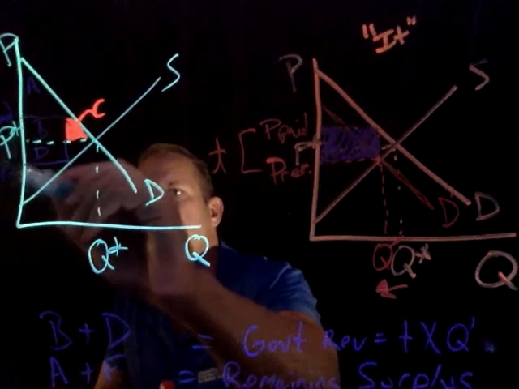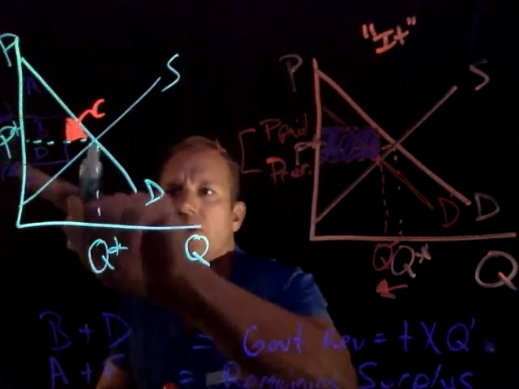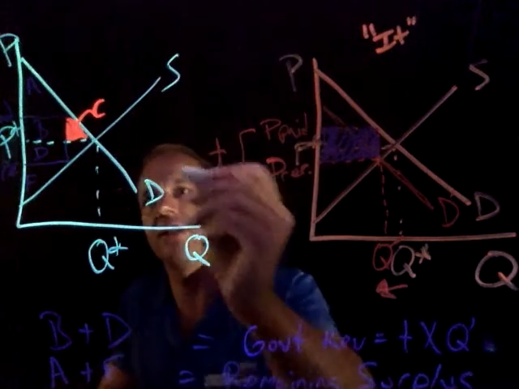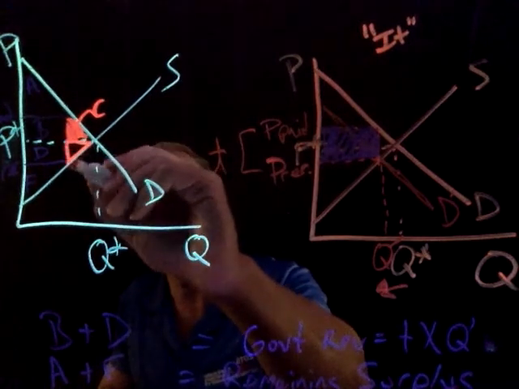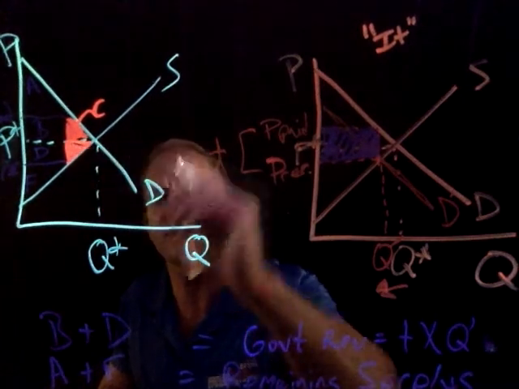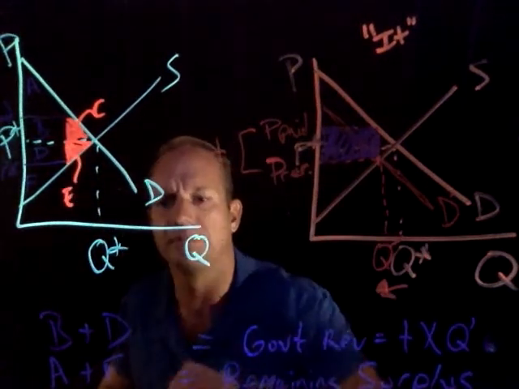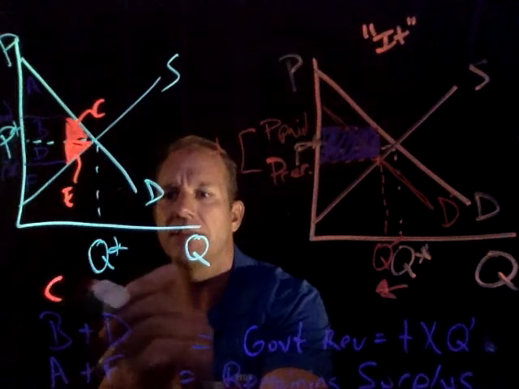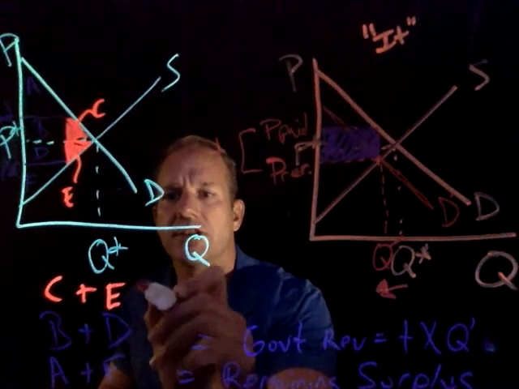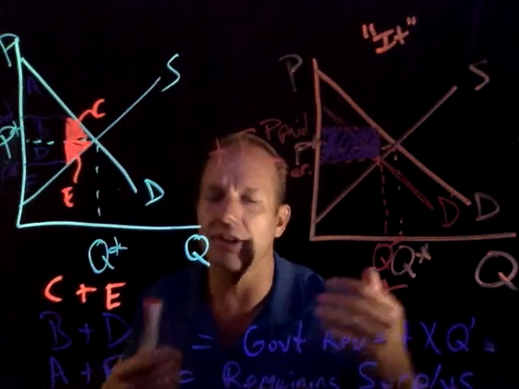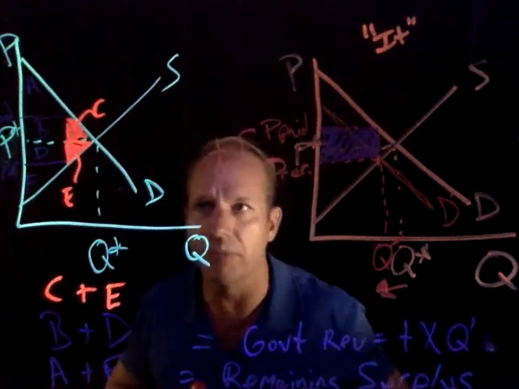This is the price received. All I'm doing is transferring this over there. So they're out. So down here, this is seller surplus that is gone, and I'll call this E. So now we have C plus E meaning something. Those were surpluses that were in the market that are gone from the market.